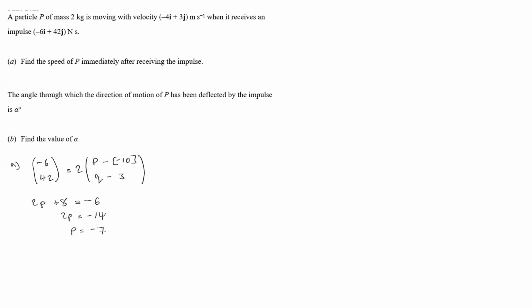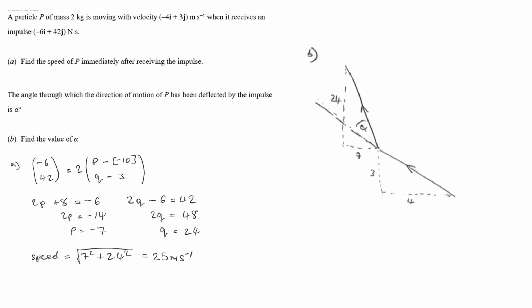Took the top line and I got P is equal to -7, and took the bottom line, I got Q is equal to 24. So the speed is 25 ms to the -1.